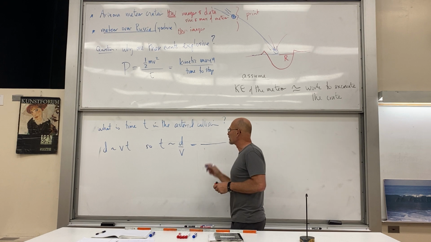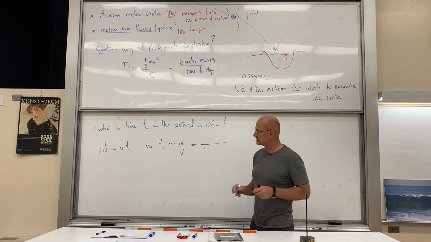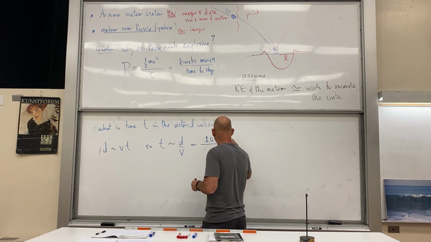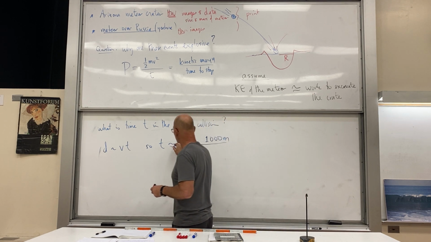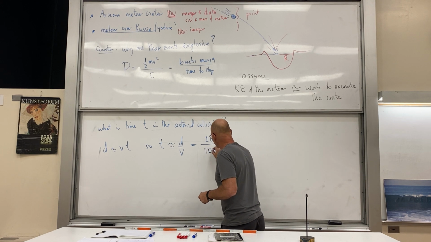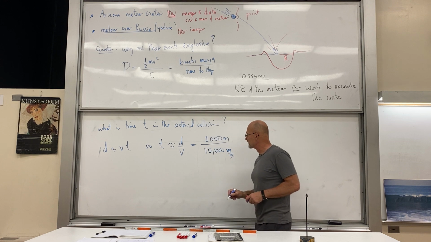Now, if the depth of the crater is, say, 1 kilometer, say it's 1,000 meters deep, this is just an estimate. These are all estimates, so let's put an approximate sign. And the speed is 10,000 meters per second.